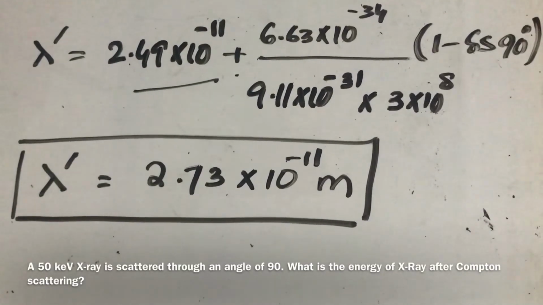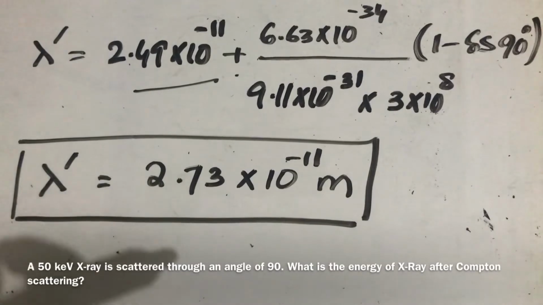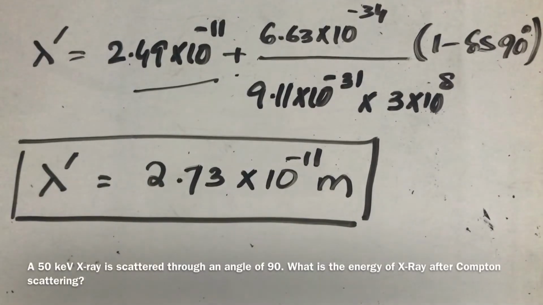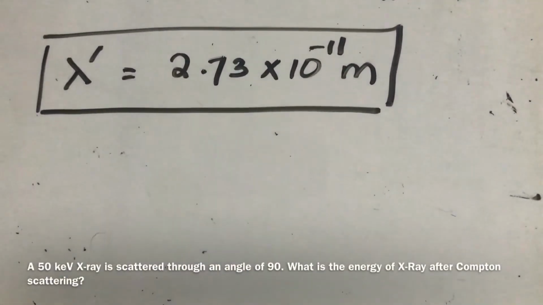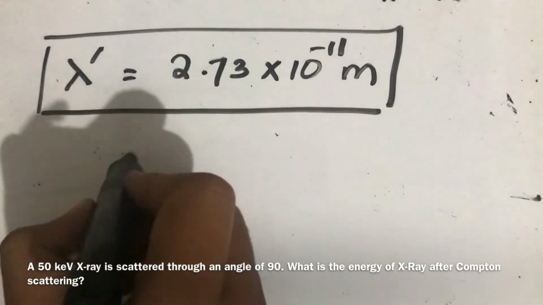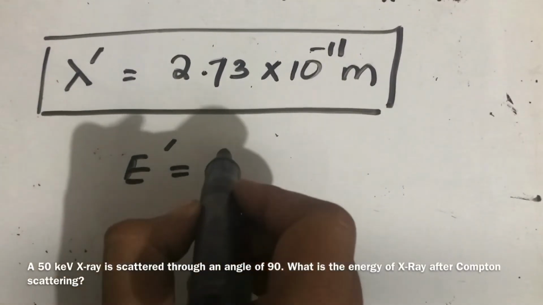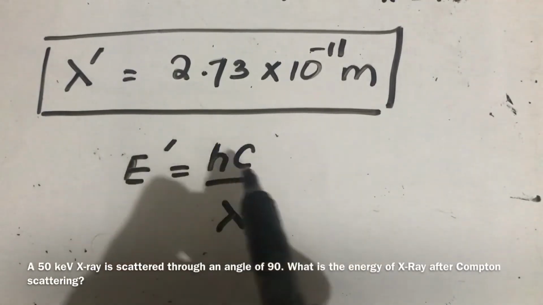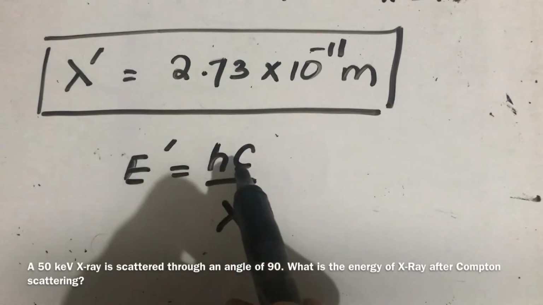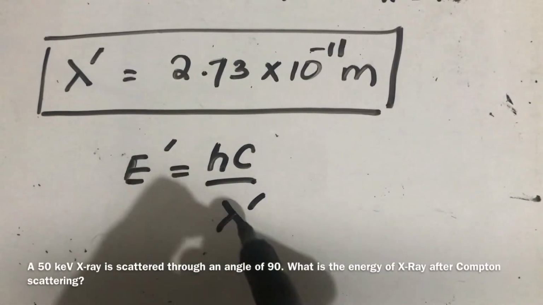Now we have to find the scattered energy of the scattered photon. We can write the equation in this form: E prime is equal to hc divided by lambda prime. We cannot change h and c because both are constants, so we change the value of E and lambda.